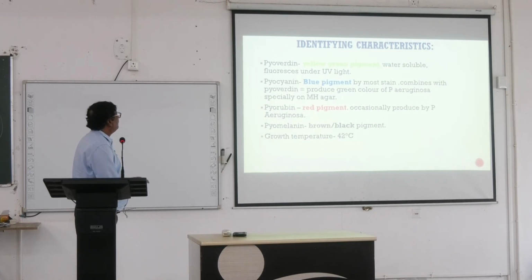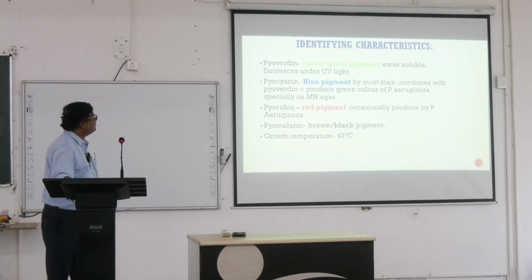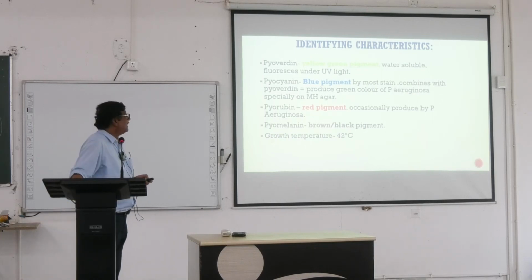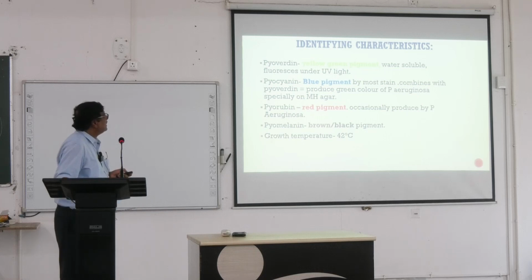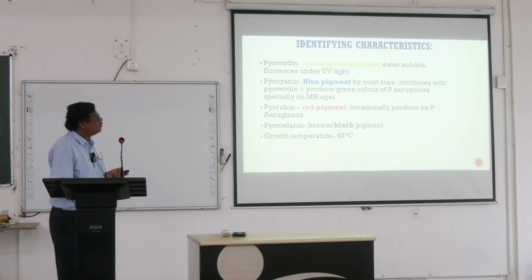to alert us. The identifying characteristics which are clearly visible from the media: the pyoverdin, the yellow-green pigmentation of Pseudomonas. This is water soluble and fluoresces under UV light. The pyocyanin is a blue pigment, by most strains combined with pyoverdin.